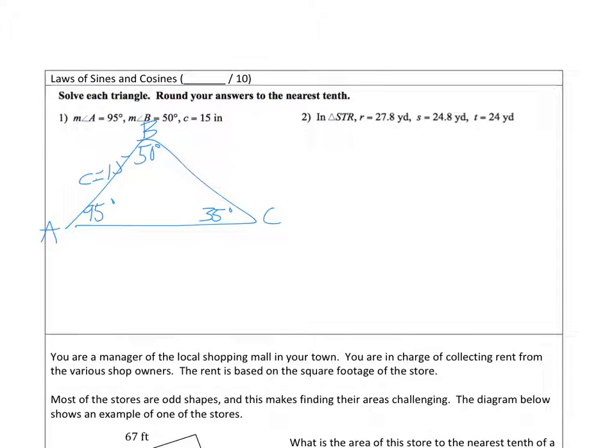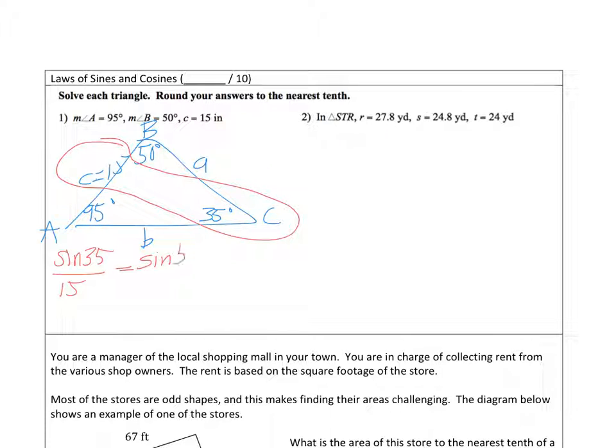I'm going to label opposite B as B and label opposite A as A. In looking at this, I've got a paired side and angle, so I can use law of sines for this. So we'd be starting with sine of 35 over 15 is equal to, I don't know, let's do B first. Sine of 50 over B. I'm going to multiply both sides by B and then divide both sides by this stuff.